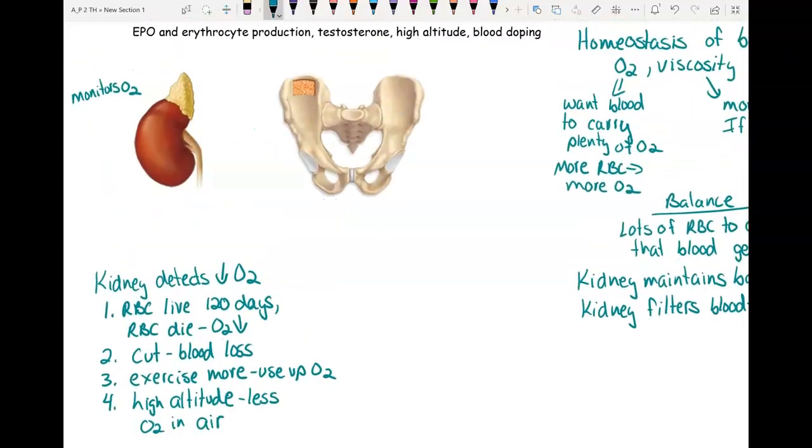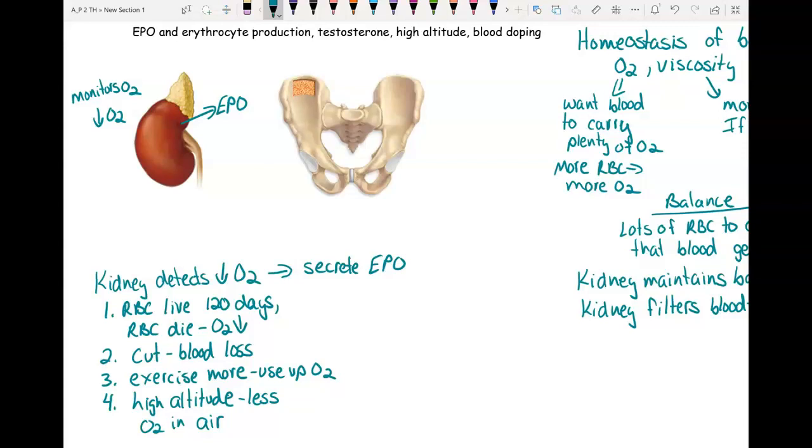When your kidney detects a drop in oxygen, it secretes a hormone called EPO. This stands for erythropoietin. So your kidney detects a drop in oxygen, it secretes erythropoietin. Blood cells are made in your red bone marrow. You learned this in Chapter 7.